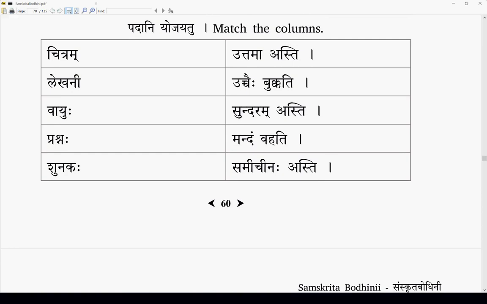How is it flowing? So we are not describing Vayu with Mandam; we are describing Vahati with Mandam. It's a kriya visheshanam. Yeah, but still this rule of same lingam, vachanam and vibhakti for visheshyam and visheshanam does not apply, right?